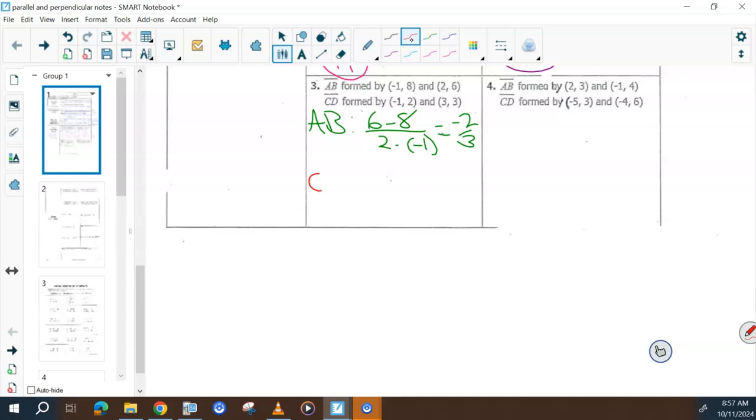And find the slope of CD. Are these parallel, perpendicular, or neither? Neither, because they're not related at all. They're not the same. They're not negative reciprocals. So that's an obvious neither case.